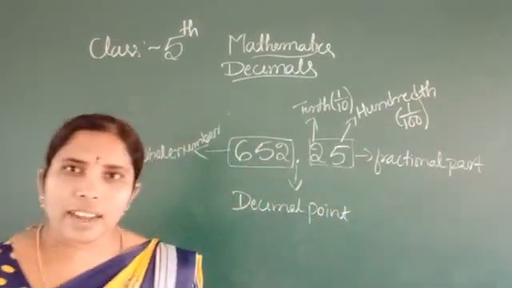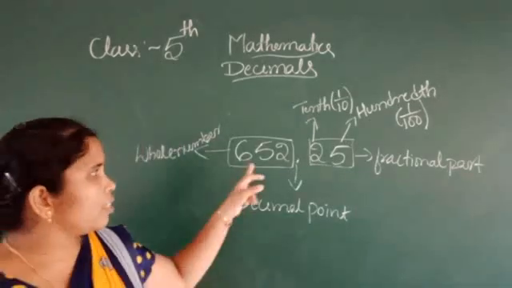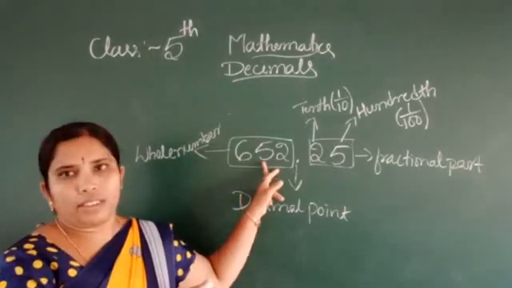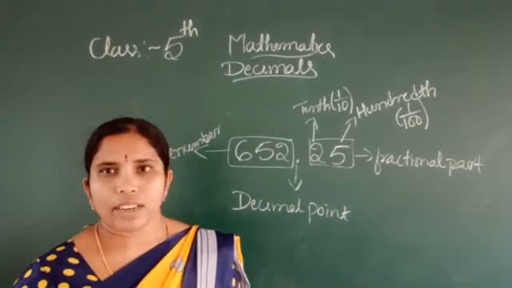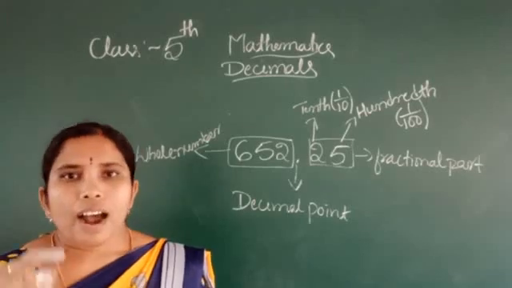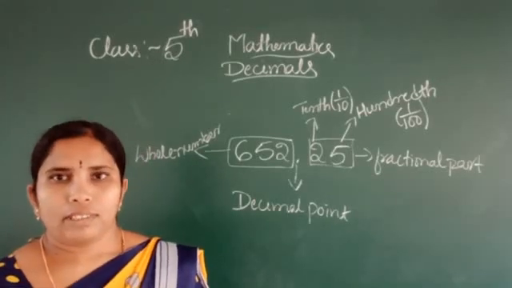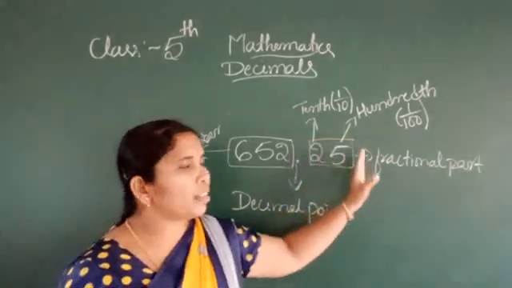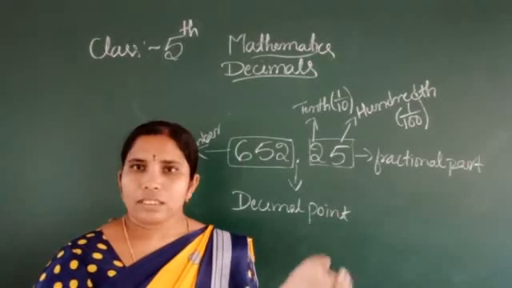It is not the 100 place value; the 100 place value is on the left side of the decimal point. So you can read it as tenth, hundredth, thousandth. The third digit after the decimal point is thousandth.